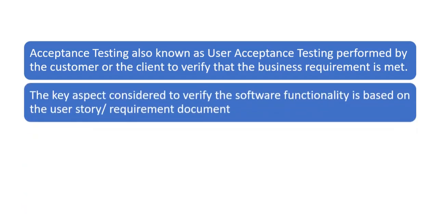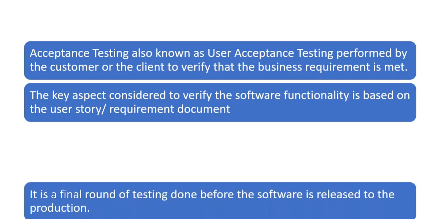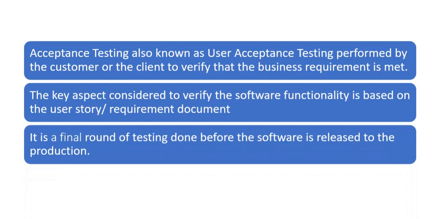The key aspect considered to verify the software functionality is based on the user story or the requirement document. As I have already mentioned, the user story or the requirement document is nothing but an acceptance criteria document that contains all the requirements or the software specifications.